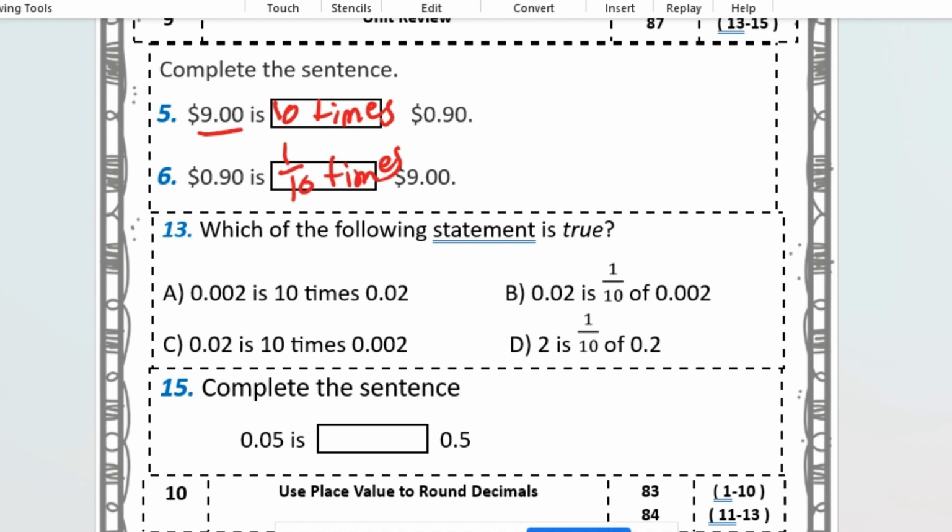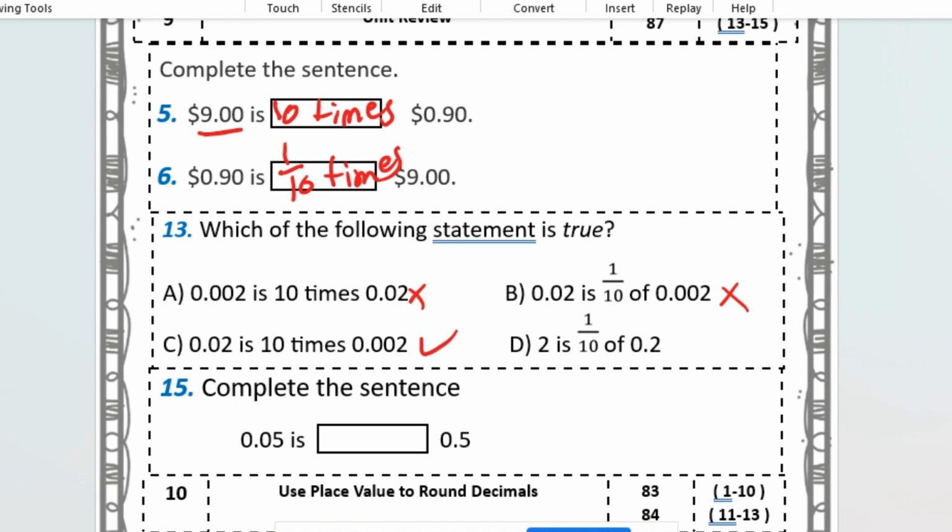Which of the statements is true? 0.002 is 10 times. Of course, this is incorrect. It's 1 out of 10, 1 over 10. That's 10 times. 0.02 is 1 out of 10 of 0.002. So this is, of course, incorrect. 0.02 is 10 times as much as 0.002.